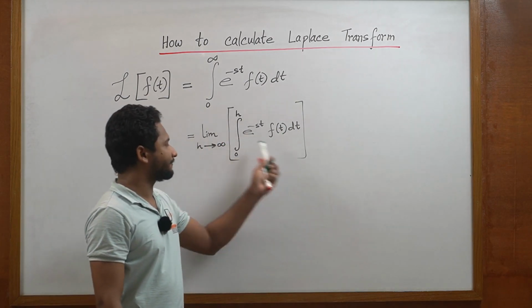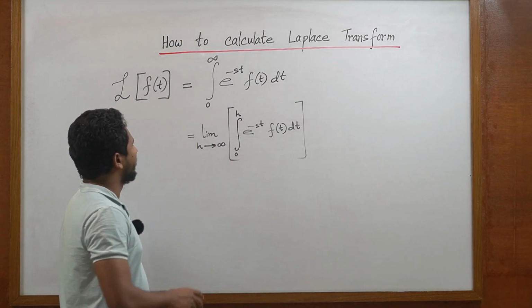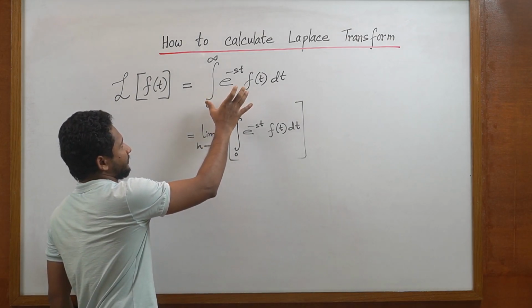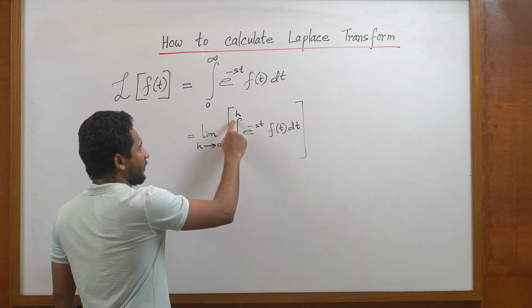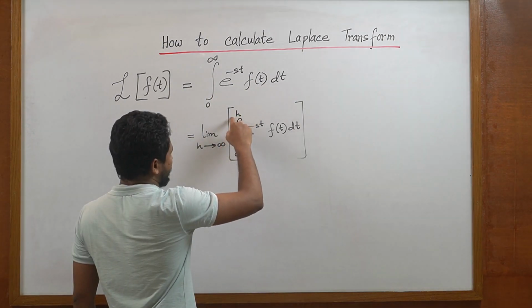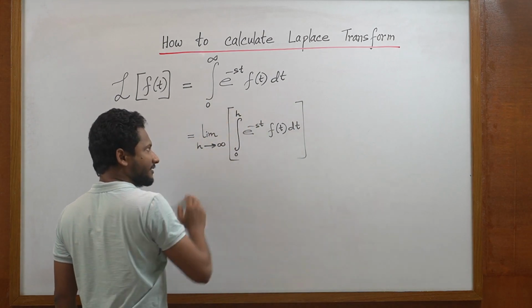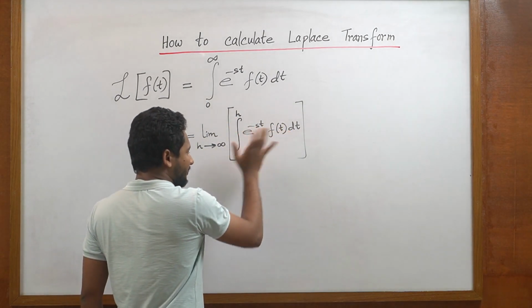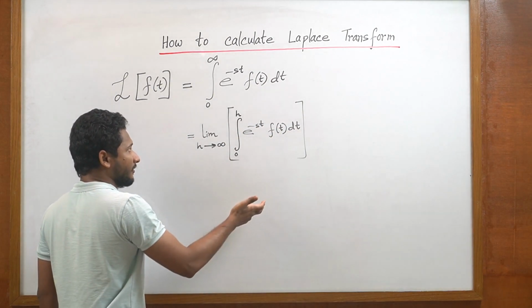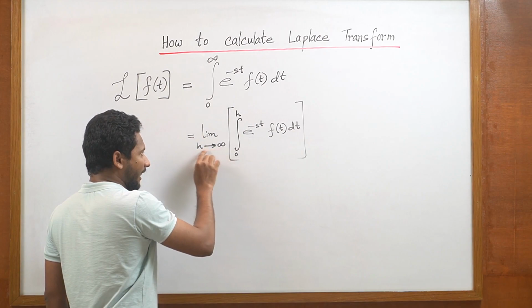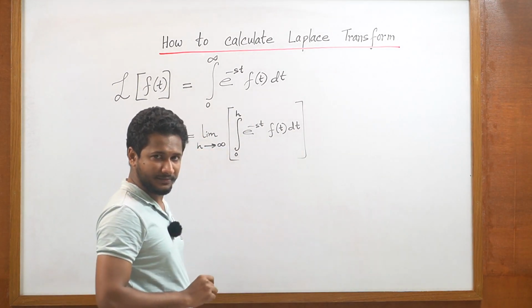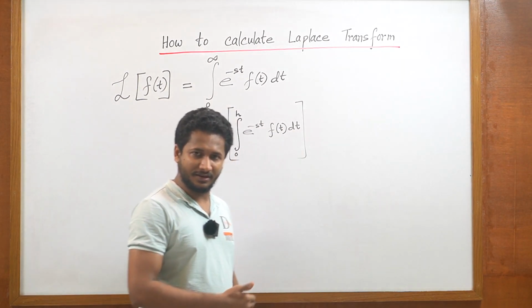By this way we can calculate this integral. Here we first assume the upper limit as h, then we integrate, and then we apply the limit in place of h as h tends to infinity.